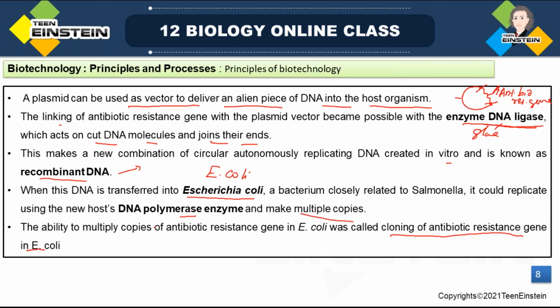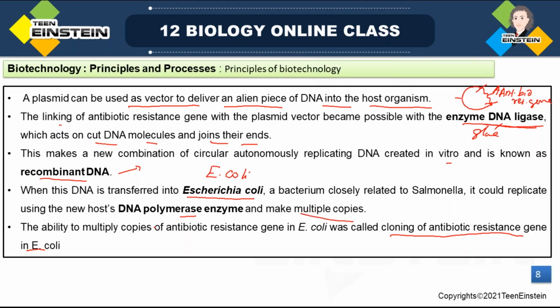So here you can learn molecular scissors, molecular glue, then DNA polymerase enzyme, the role of all these enzymes. DNA polymerase is for making multiple copies, that is polymerization. Then DNA ligase is for attaching, it has a gluing effect. Then molecular scissors, first cutting, then joining, then multiplication.